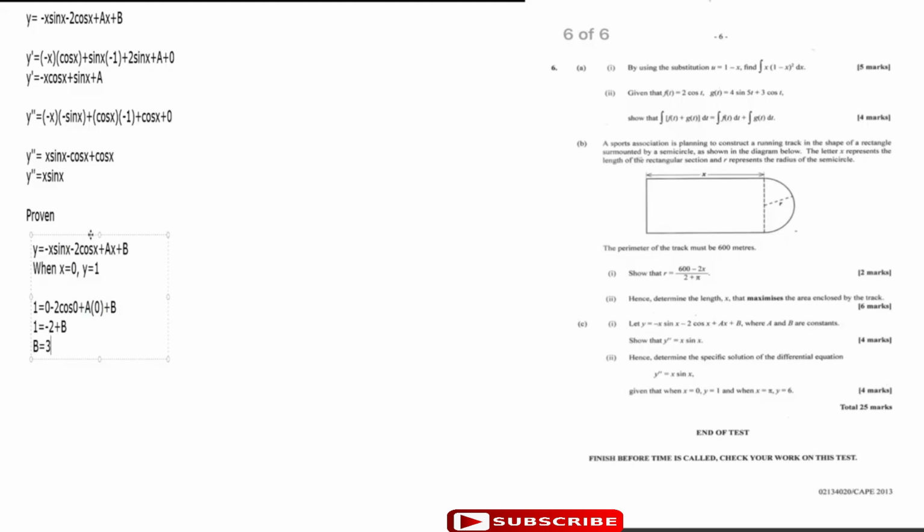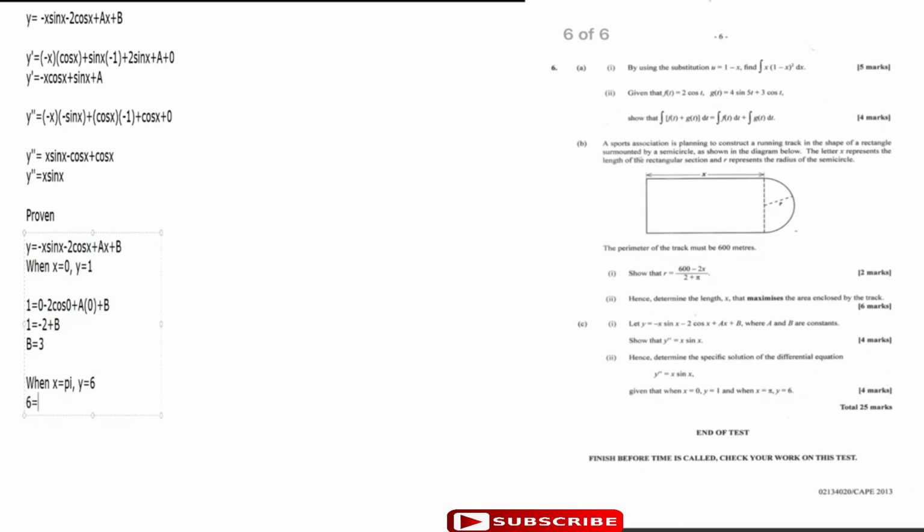And that's when x equals 0. Next we need when x equals pi. When x is equal to pi, y is equal to 6.